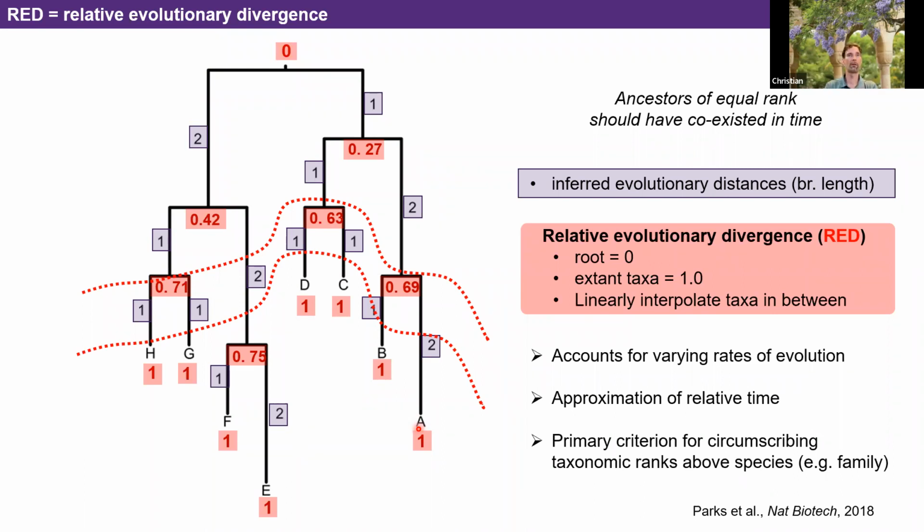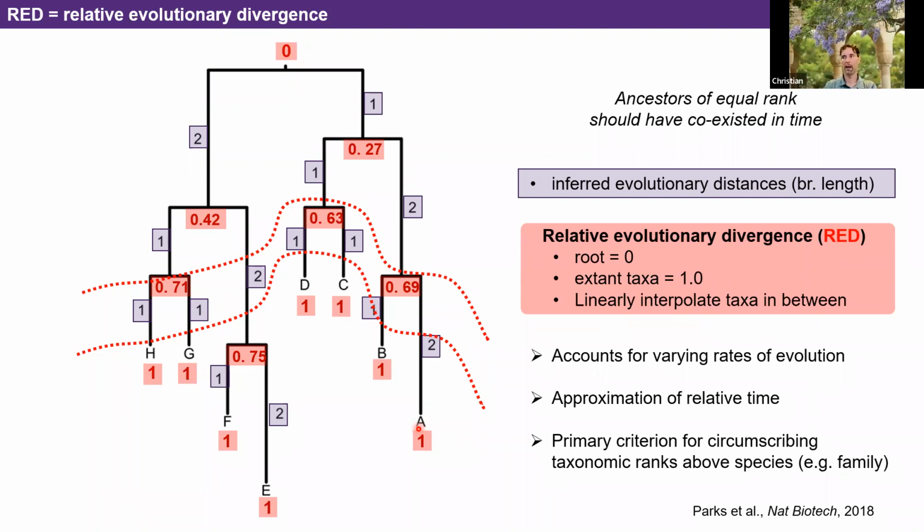So the system accounts for varying rates of evolution. It also gives us an approximation of relative time, since we have relative values. The idea is that if you look at two families, they have, evolutionarily speaking, evolved at the same time in evolutionary history. And that's why we call both of them families. So there's this aspect there as well.